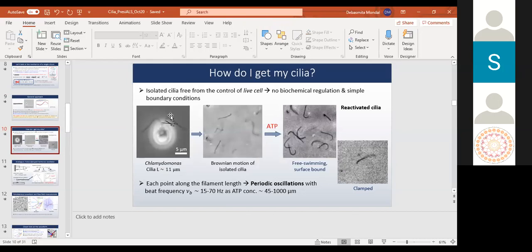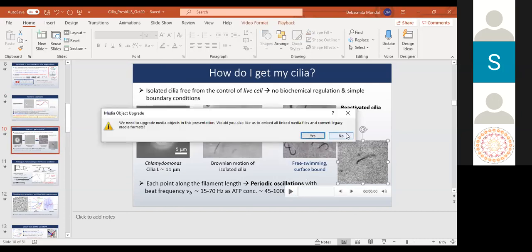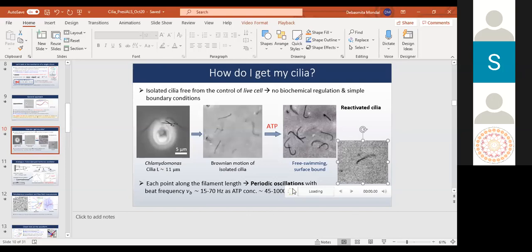Yes. So first of all, the energy that I am giving is the same energy that the live cell gives to the filament. Just that it gives automatically, I am giving it externally. It's not an external energy source. And if you see the motion of this isolated cilium, and that's why this is so beautiful, its motion is similar to that if it were on a cell. So for example, let's see this video.